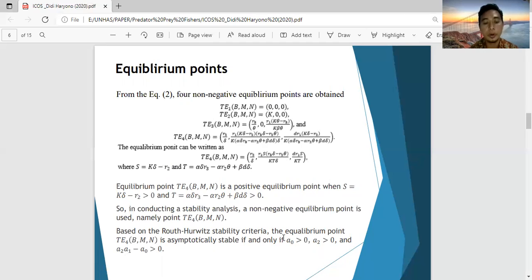The equilibrium point for which the stability analysis is done is TE4 because it is a positive equilibrium point. Based on the Routh-Hurwitz stability criteria, the equilibrium point TE4 is asymptotically stable.